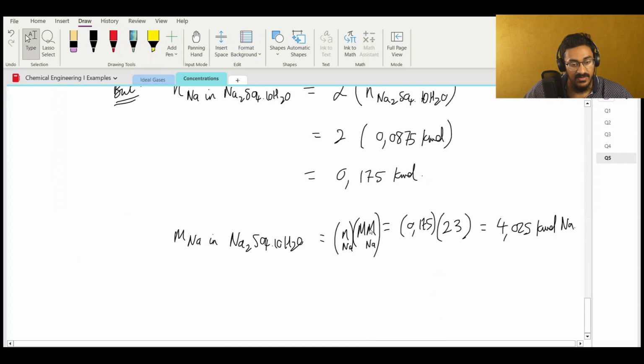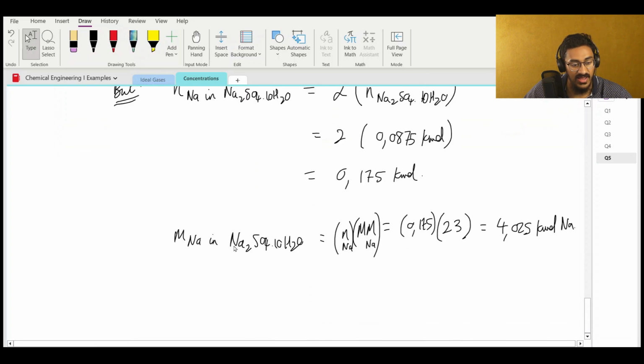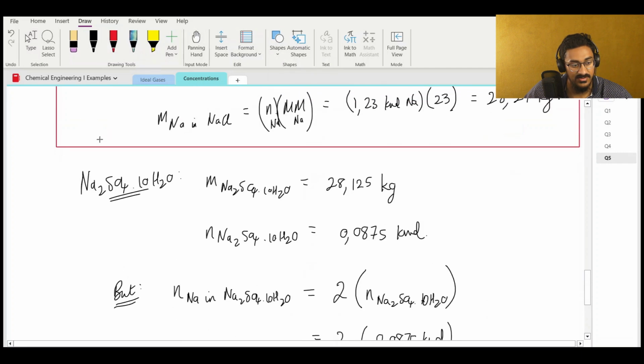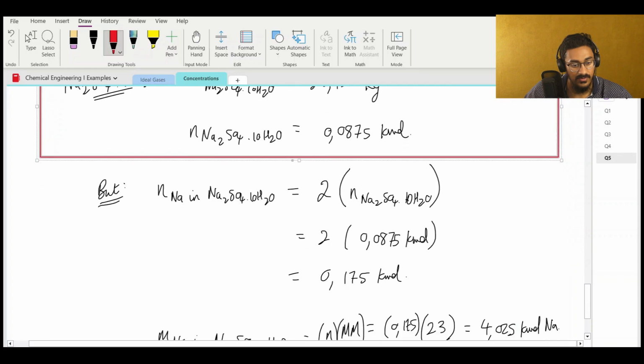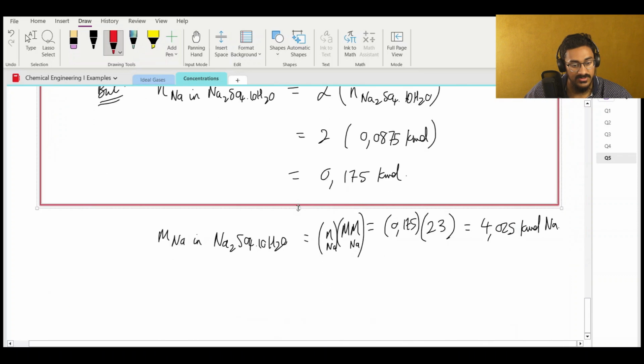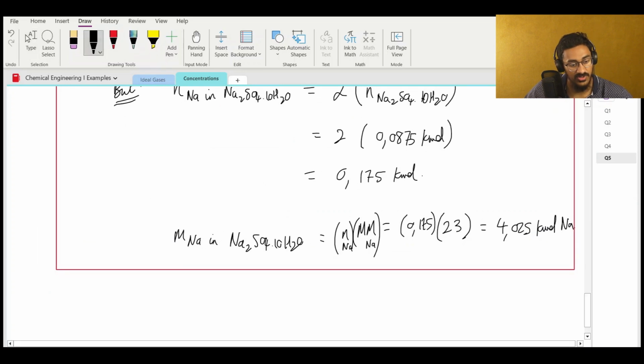Okay, rookie mistake, hey? But anyway, now I've got the mass of Na in the sodium sulfate. So let's put a box around that. Okay, pull this down. All right, and now let's finish off this question.